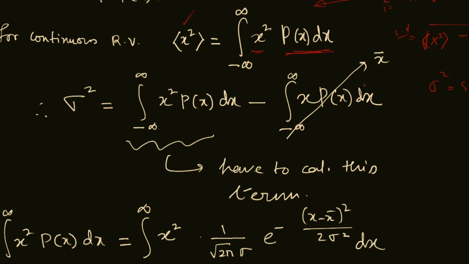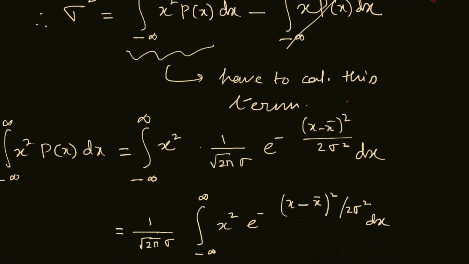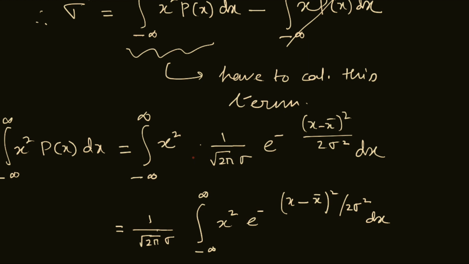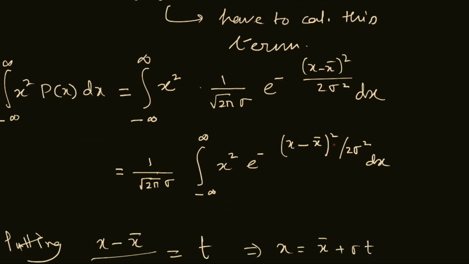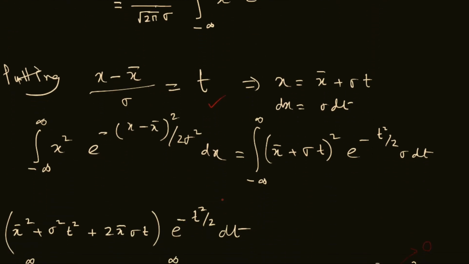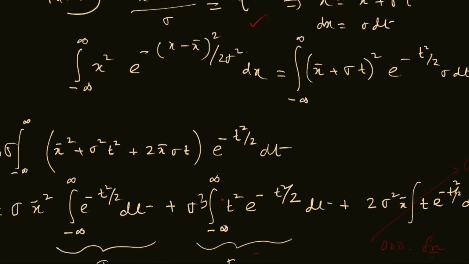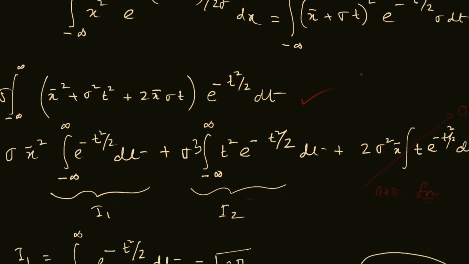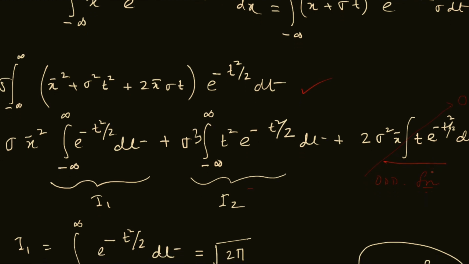We know the integral of x p(x) is x average, and the integral of x square p(x) dx is this quantity. In a similar fashion we substitute this variable, and we get this quantity, and this is an odd function, so it goes to 0.